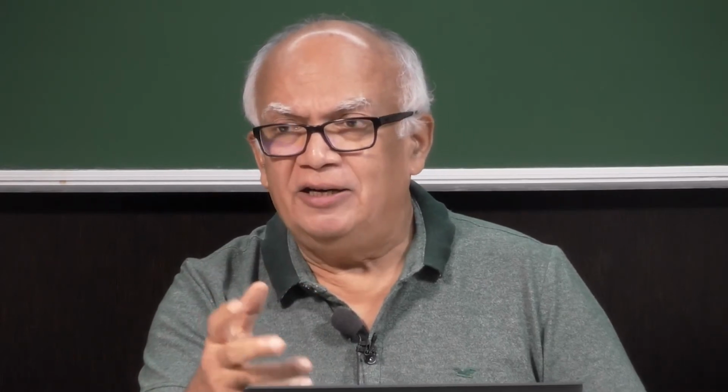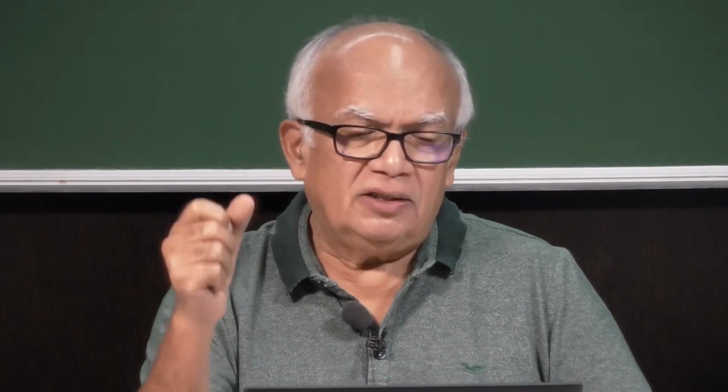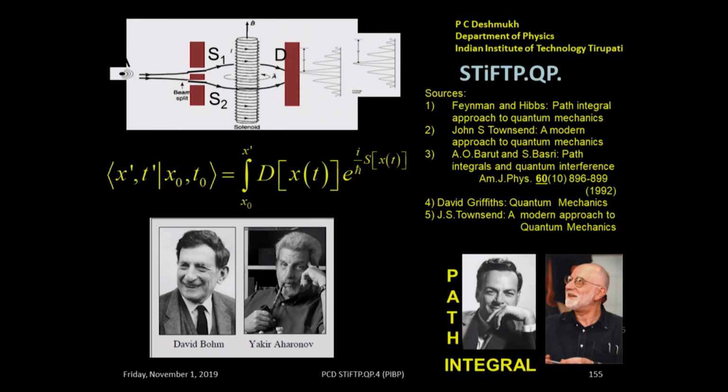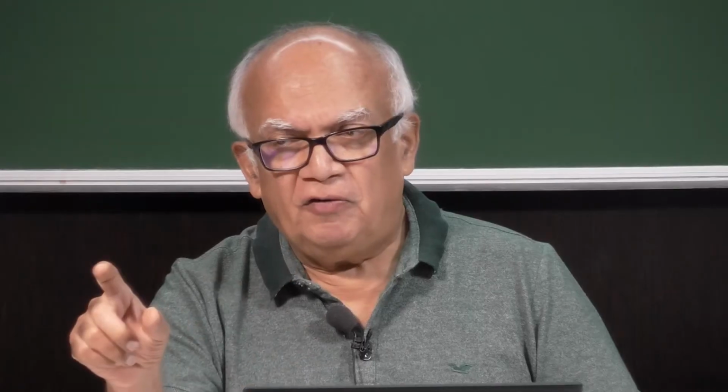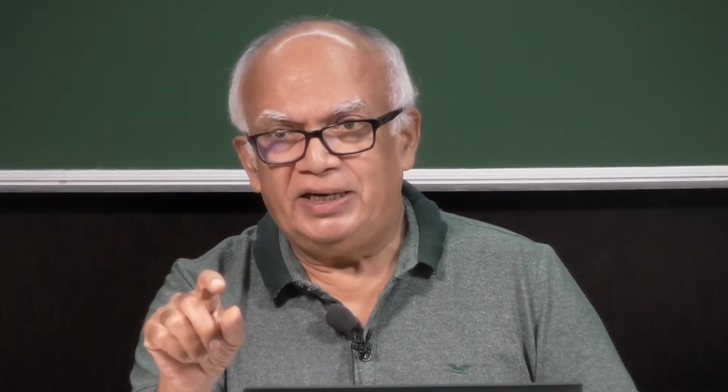That is the idea which is deeply embedded in our thinking, and it is this relationship which goes into the equation of motion, which is F equal to dP by dt.